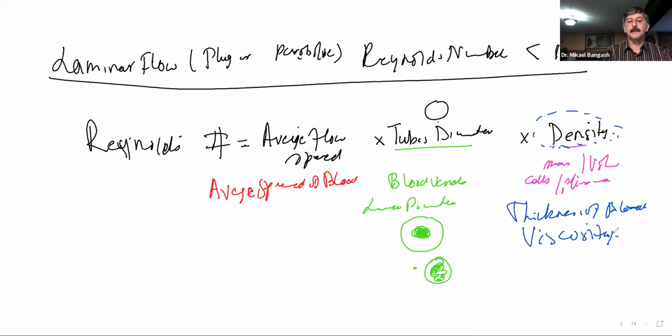Did you get that? But no matter what, when we multiply these three numbers here, if our result is less than 1500, we can say that we had a laminar flow, which could be plug or parabolic.